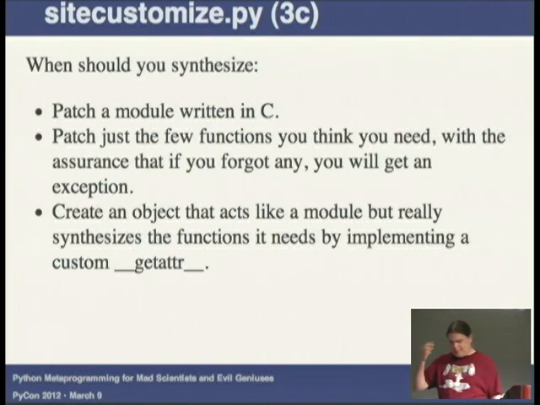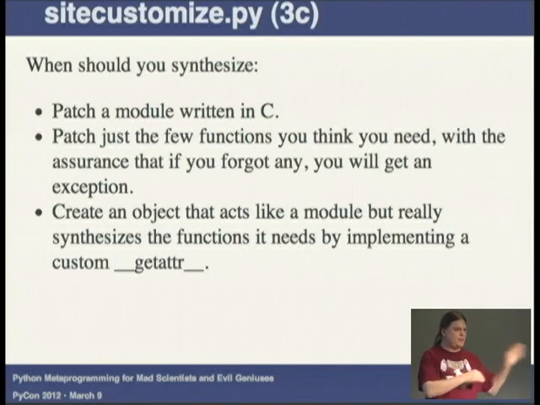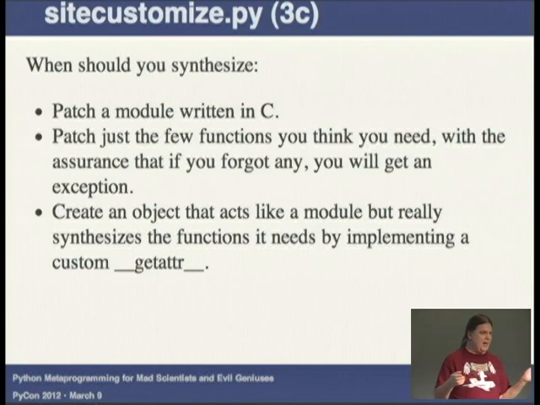Another thing you can do, and I mentioned this at the bottom, is, instead of sticking a true module into sys.modules, it turns out you don't have to have actual modules in sys.modules. You can have any object in there, as long as it responds to getattr.